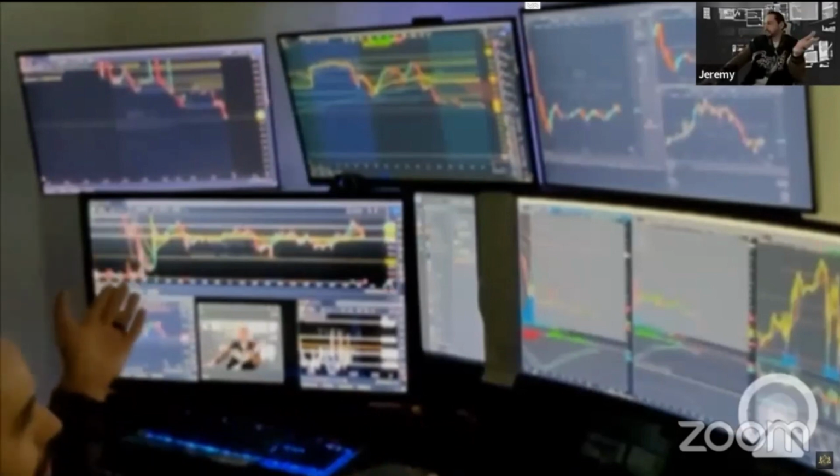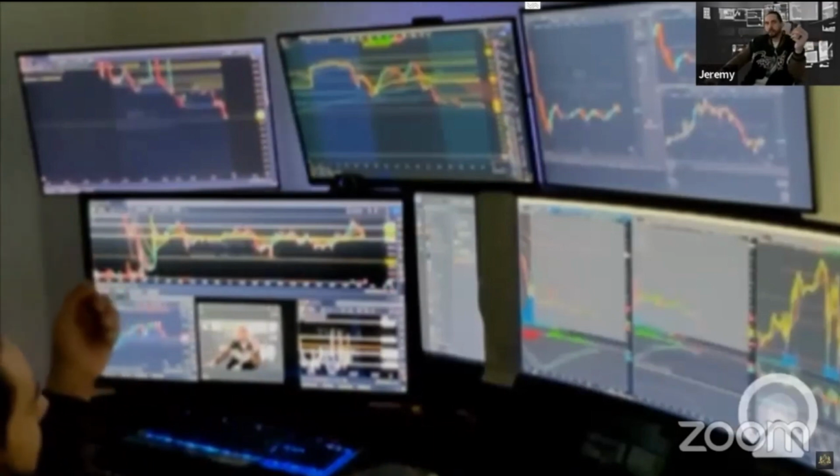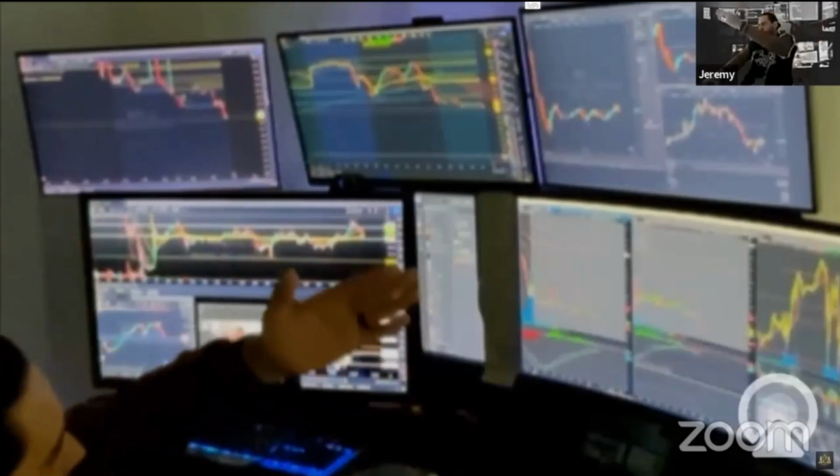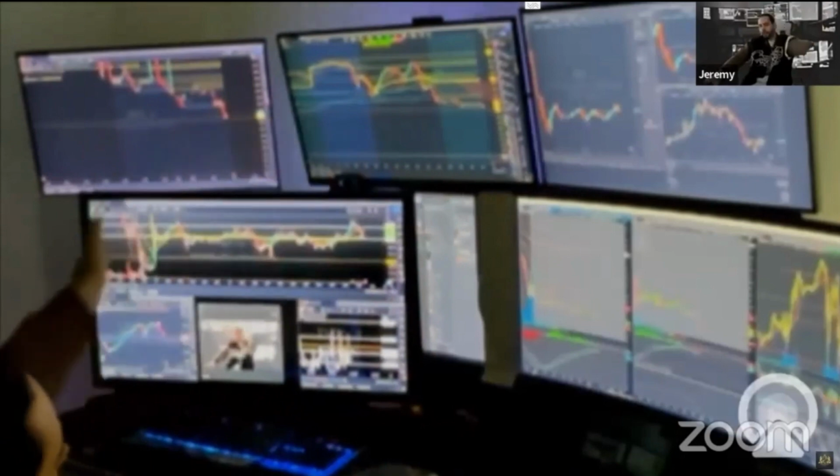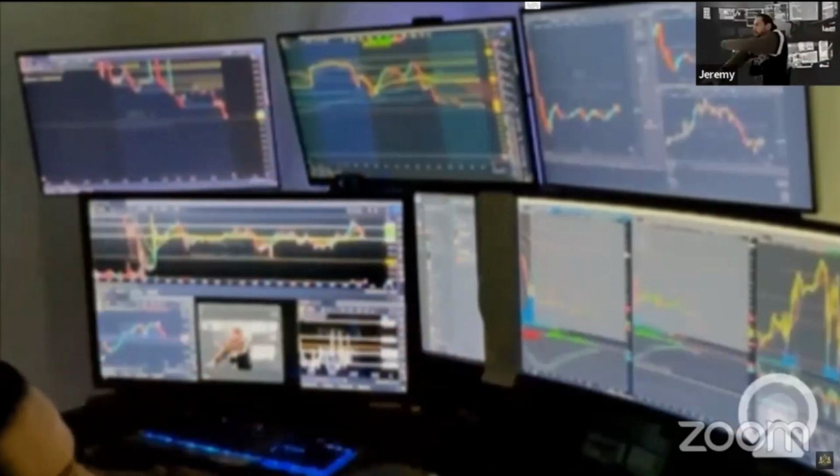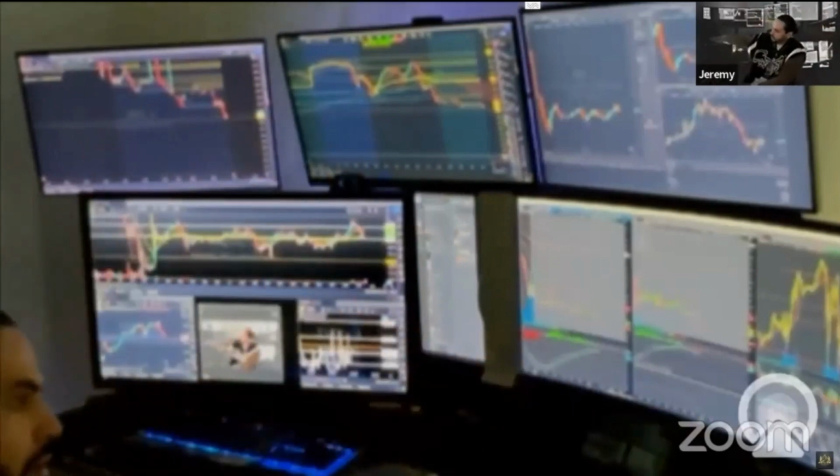I run six screens: from top to left, 1, 2, 3, and then the bottom 1, 2, and then I have another screen to the side, which is the laptop, which you guys don't see, which is over here.